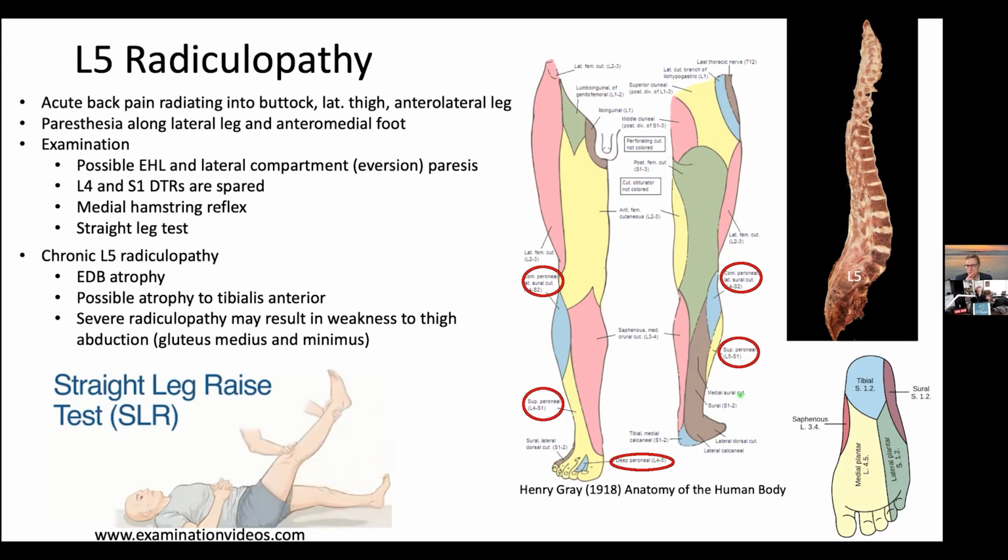I will say I was publishing with one of your colleagues last year, and your colleague wrote peroneal in there, and I thought about changing it, and I said, you know what, I'm just going to let it ride. And then we sent it in, and the reviewers' comments back were change peroneal to fibular. That's the old term.